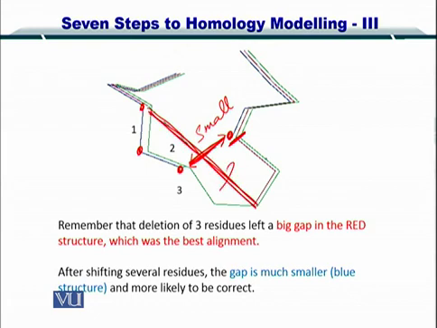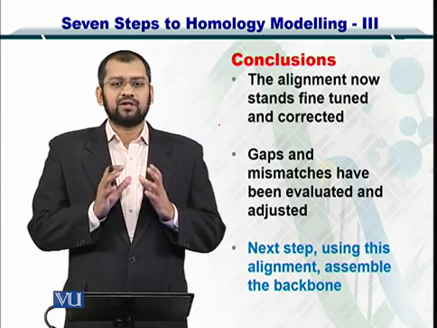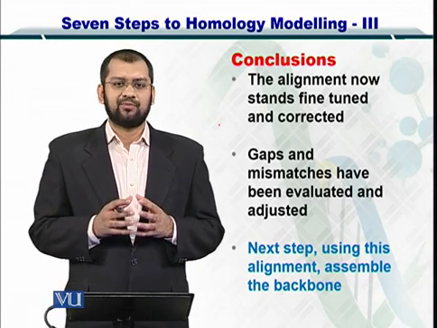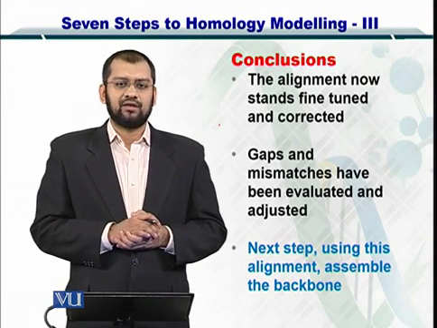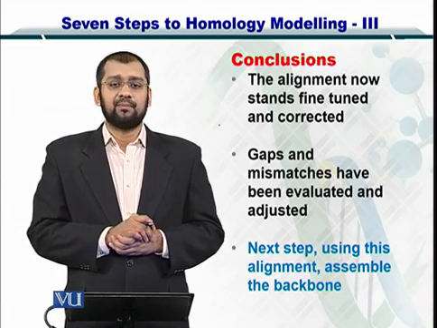So this was large and now it is small. So this is how you reduce the distance between the amino acids in the structure and therefore reduce the distance in the gap. So in conclusion, the structural prediction now stands at a place where gaps have been minimized, and therefore you're ready to move to the next step, that is to assemble the backbone.